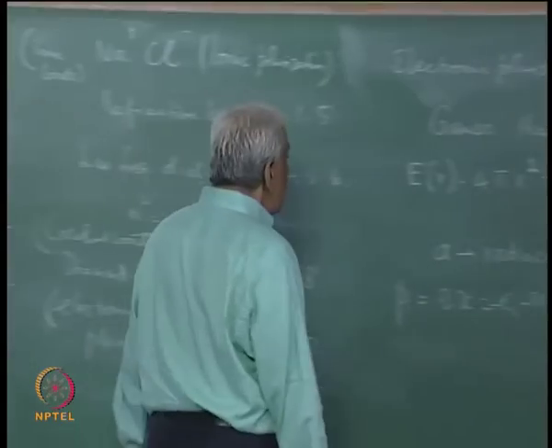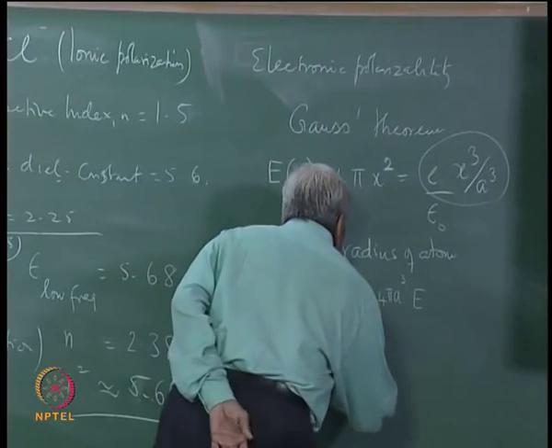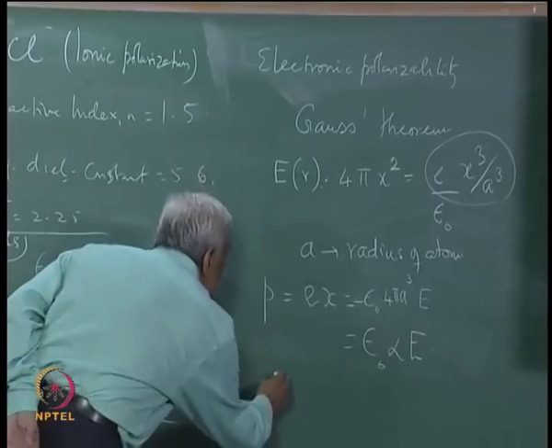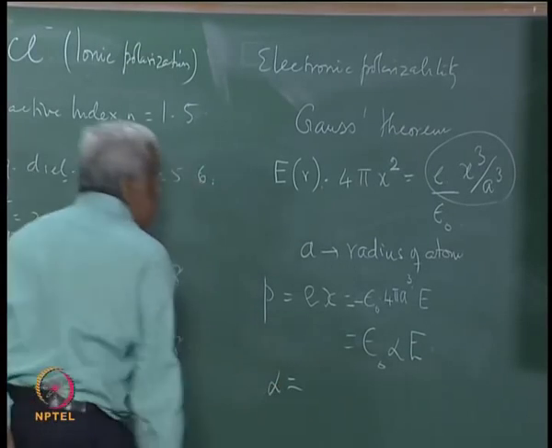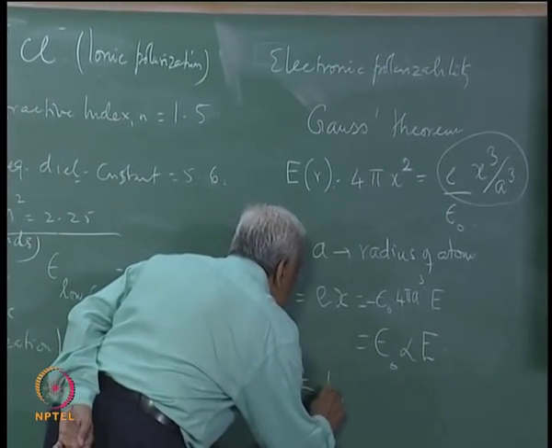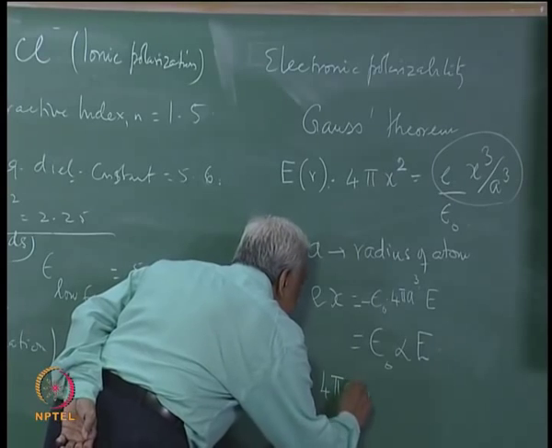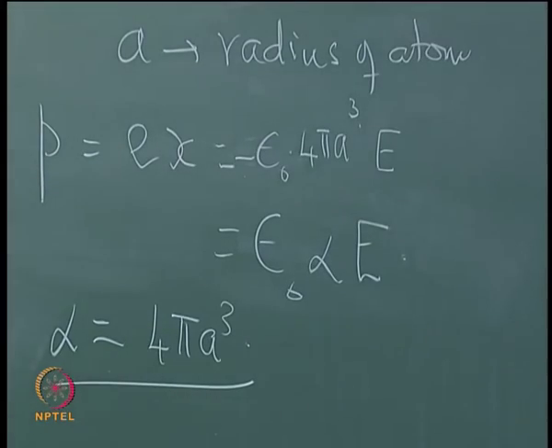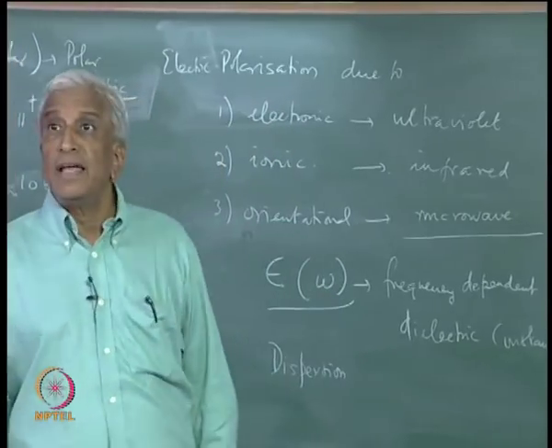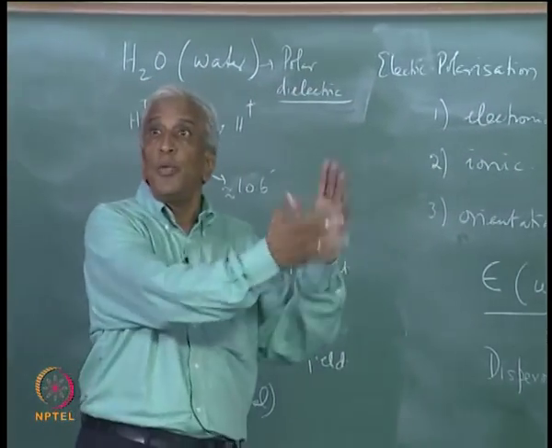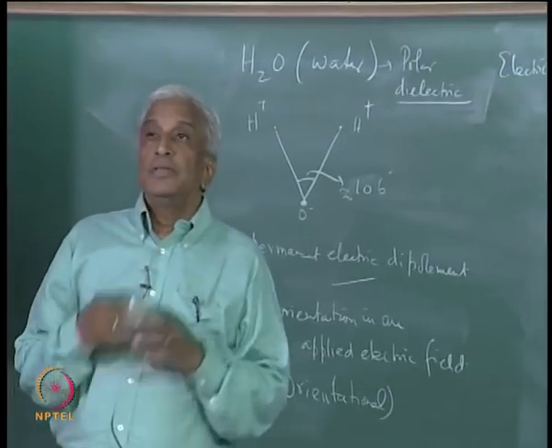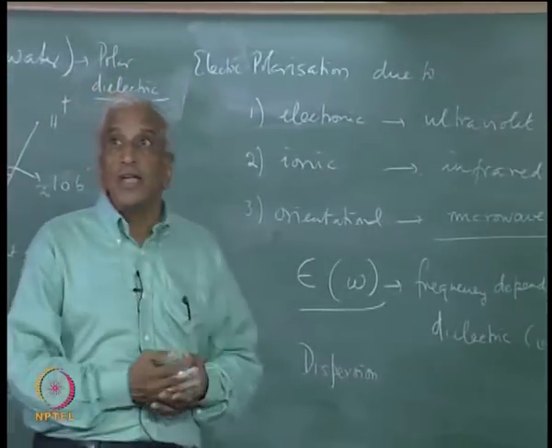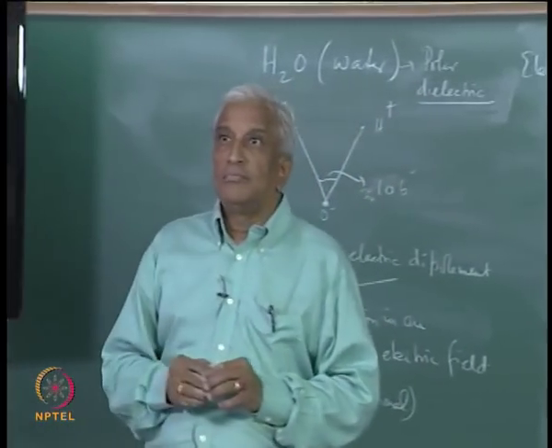Comparing it with epsilon naught alpha E, where alpha is the polarizability, we arrive at the polarizability as 4 pi a cubed. So, the polarizability of a spherical atom is simply 4 pi times the cube of the atomic radius. The polarizability is proportional to the atomic volume.